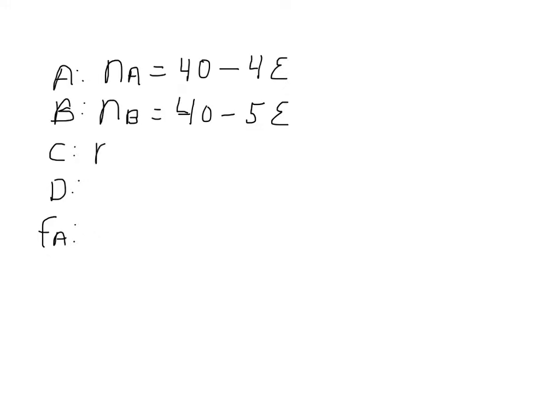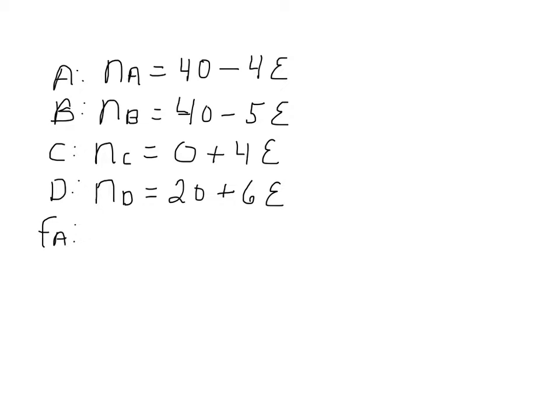For Nc, we're not feeding it, so the feed is 0. We could leave that off if we want. Plus, since it's a product, 4 times epsilon. And for D, we are feeding some. It's 20 moles. It doesn't matter what phase it is at this point. And this is produced as 6 times epsilon.